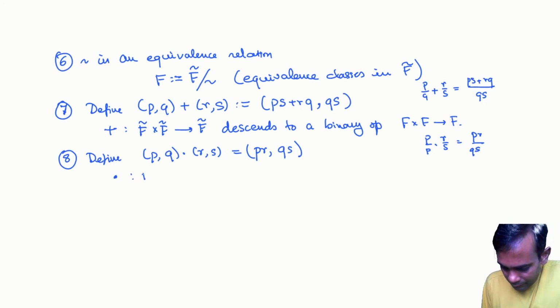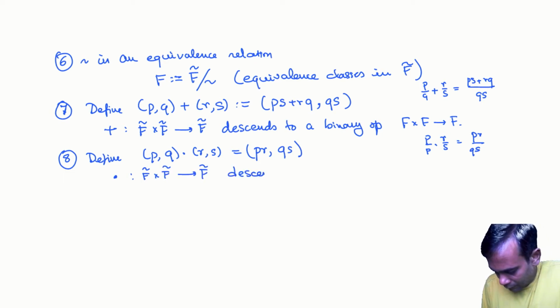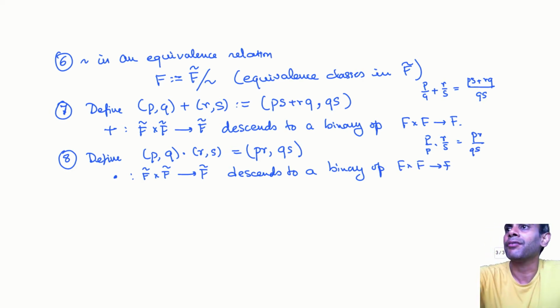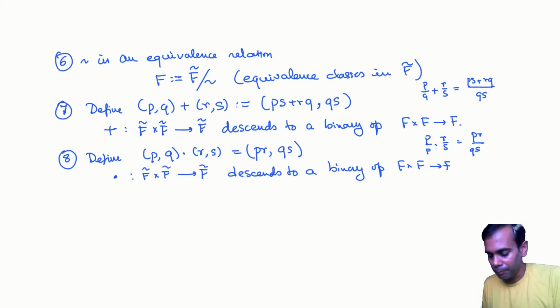And this descends to a binary operation F cross F to F. So what we have is the set F, which is a bunch of equivalence classes on F tilde.